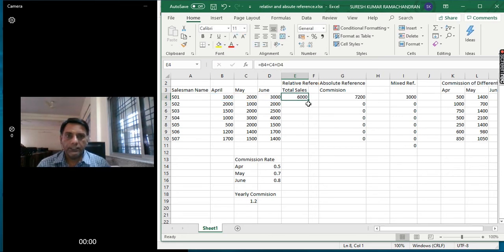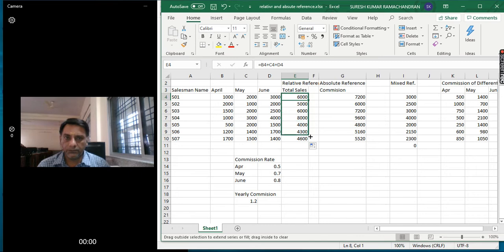And you can see here in the E4 cell, the formula B4, C4 and D4 is related. That means in the E4 cell the value comes from these three cells, B4, C4 and D4, and these three cells are directly related to E4. So this kind of calculation is known as relative reference.